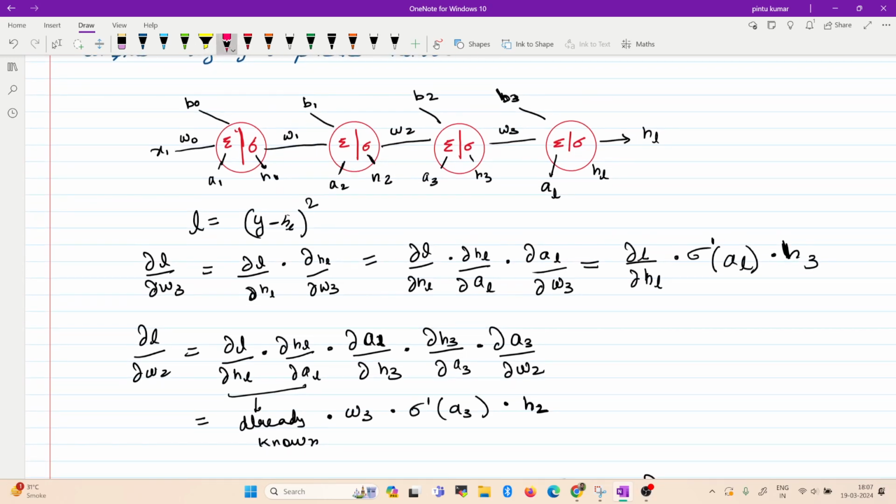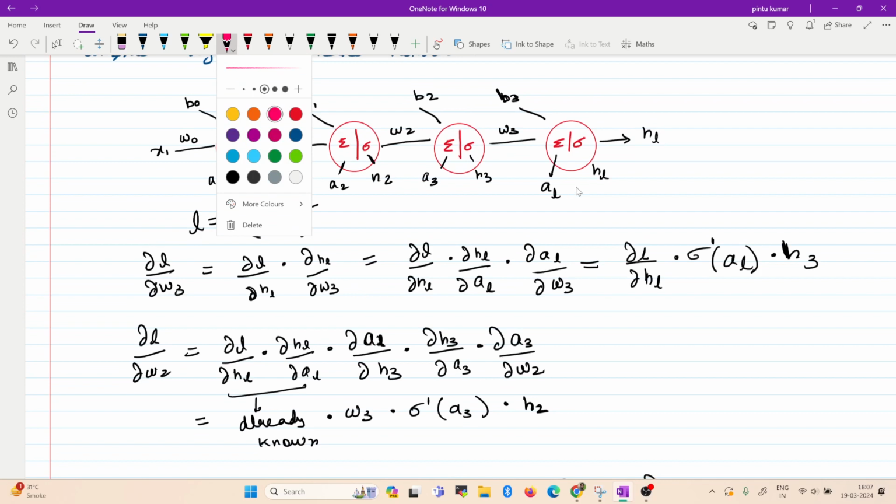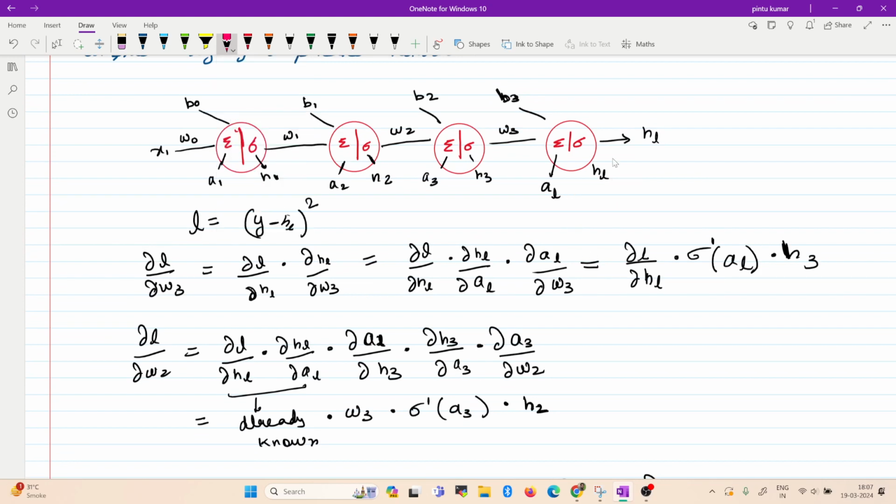This is a repeat of what we have already done. This is a simple neural network where you have only one neuron in each hidden layer and only one input.